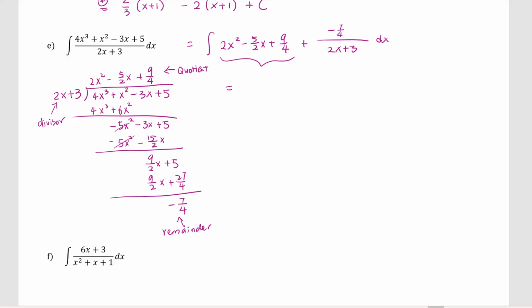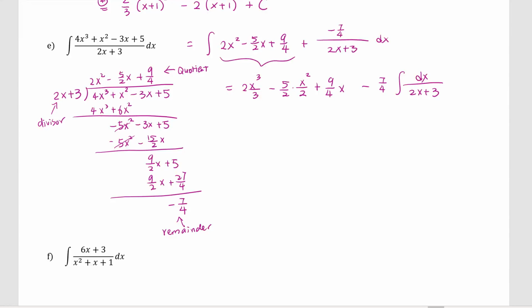Well, that is 2x cubed over 3 minus 5 over 2, x squared over 2, and 4 over 9 x, right? And then that guy, we can put the 7/4 in front of the integral. So far, so good, everybody.